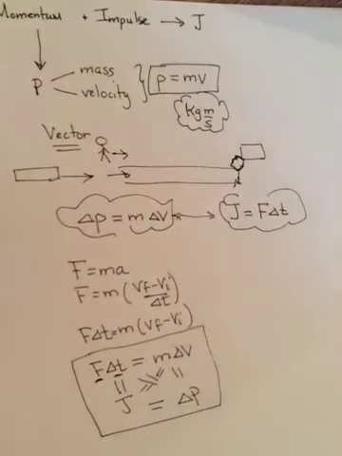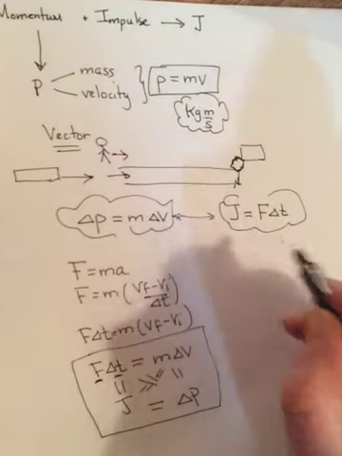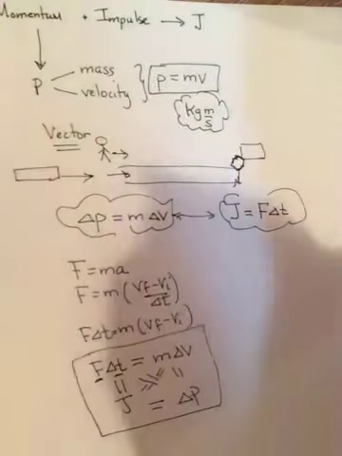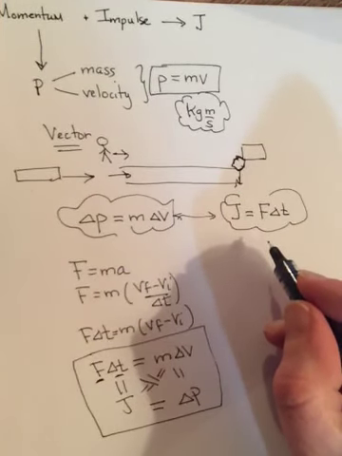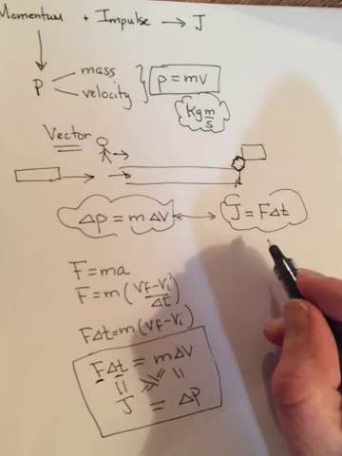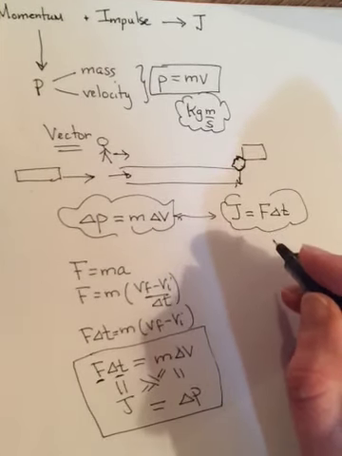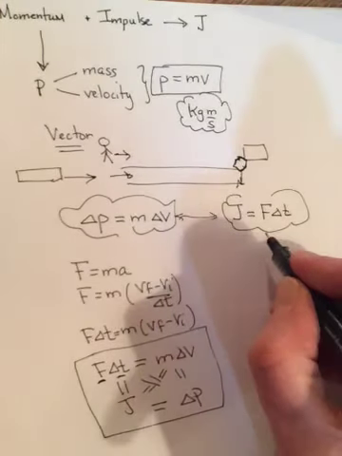Okay? It's also why this F delta T and this change in momentum is really important in sports. Think about when you're swinging a baseball bat, swinging a hockey stick, volleying a volleyball, or passing a basketball. Your coach always says, follow through. Why?